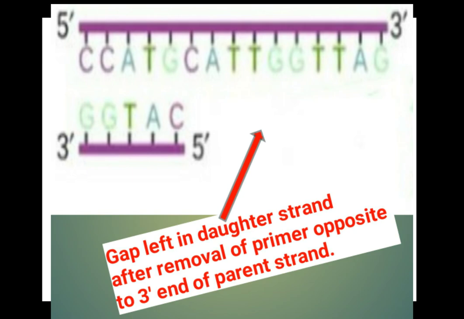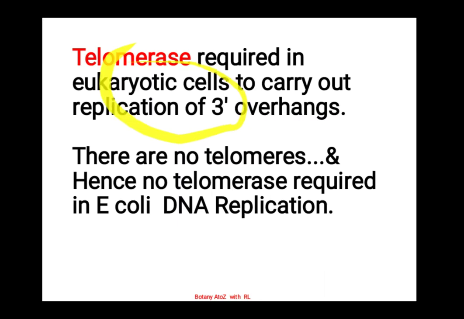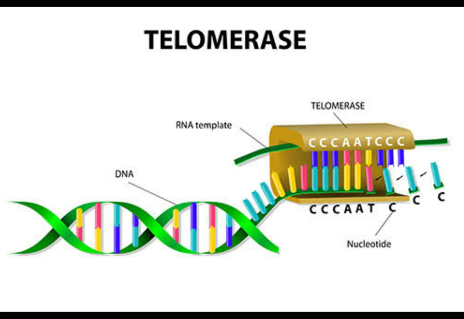That gap is filled by special enzymes called telomerases. So it is telomerases that carry out the replication of telomeres, the ends of DNA molecules. These telomerases are actually ribonucleoproteins. They have an inbuilt RNA strand, so they have an RNA component and a protein component.